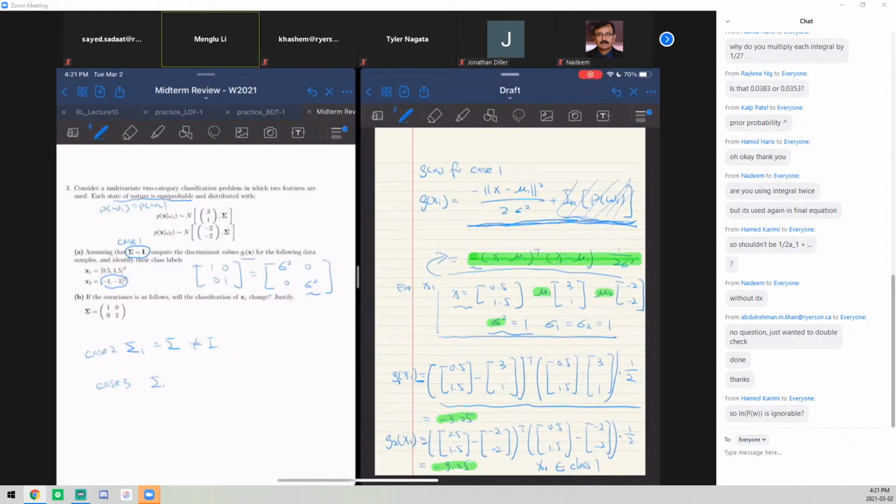We can calculate it, for example, we add this part back to the equation, but it won't change the result, right? Because these two are the same. Because the prior probability for both cases is the same, we can just ignore this part. It won't affect the result.